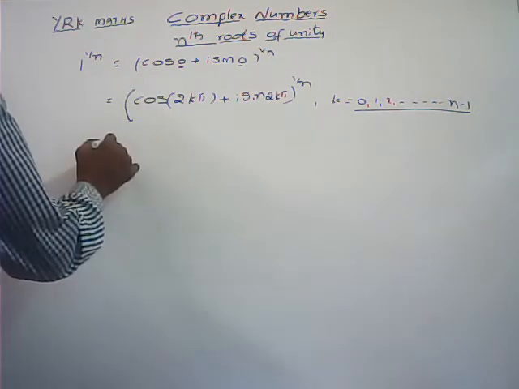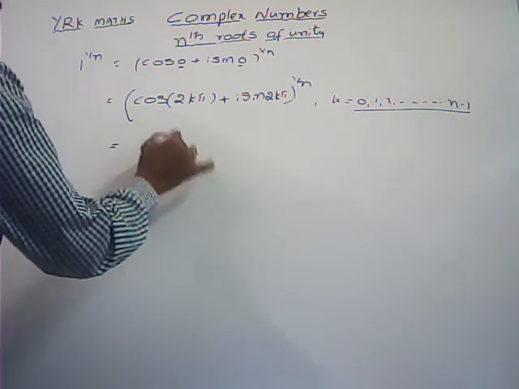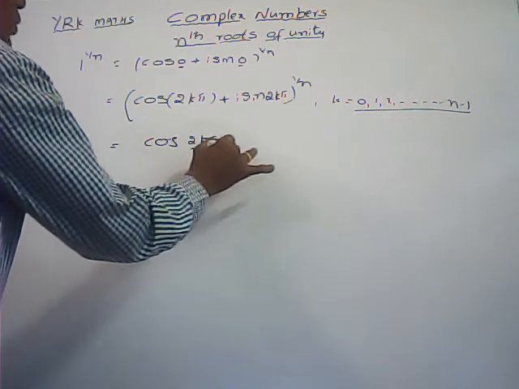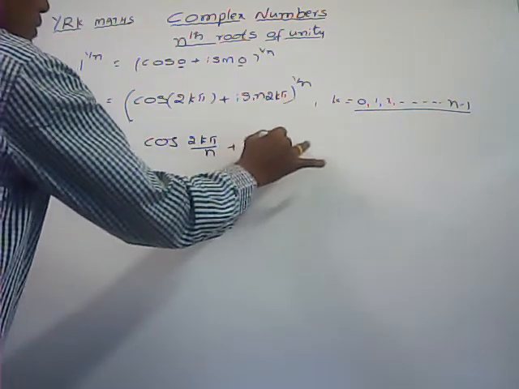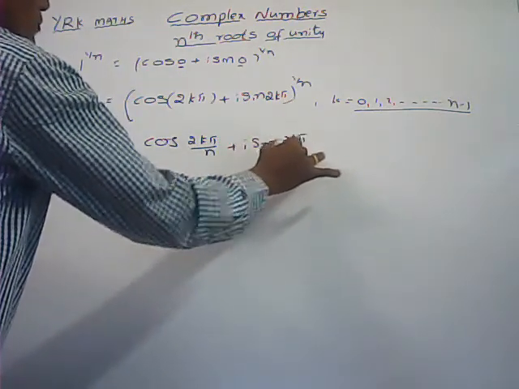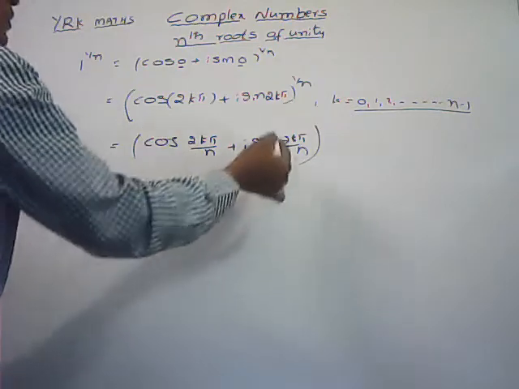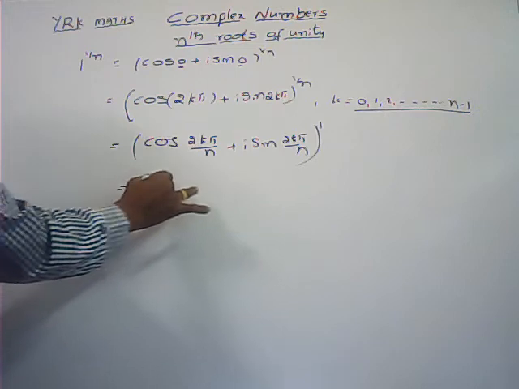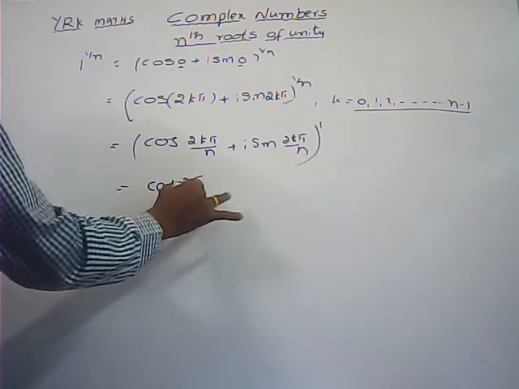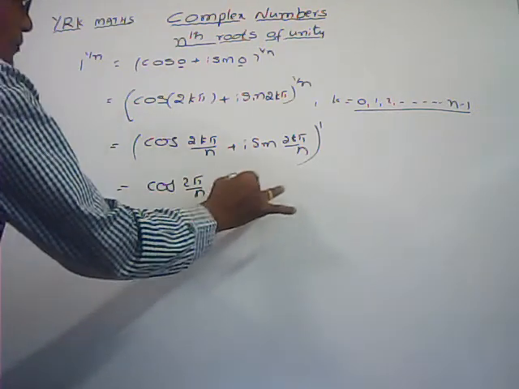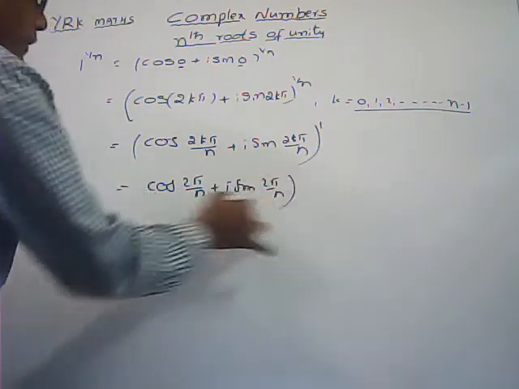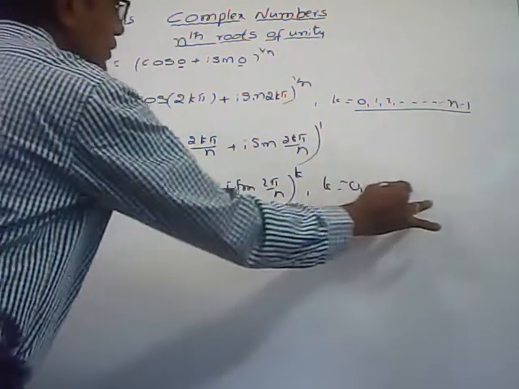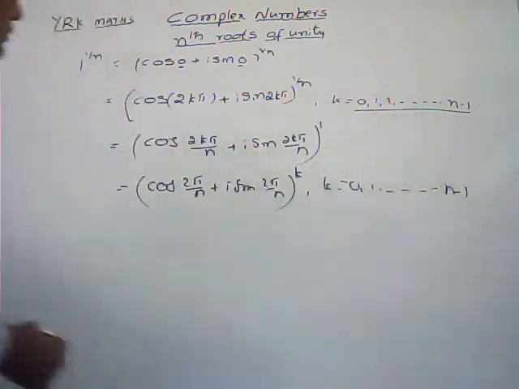So what I am writing here is cos 2k pi by n plus i sin 2k pi by n, whole power 1, by using De Moivre's theorem. This we can write as (cos 2 pi by n plus i sin 2 pi by n) whole power k, where k is equal to 0, 1, 2, 3, and so on up to n minus 1.